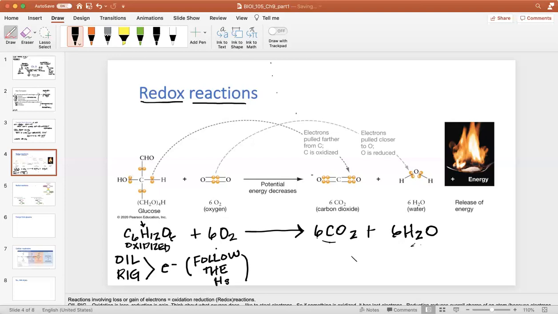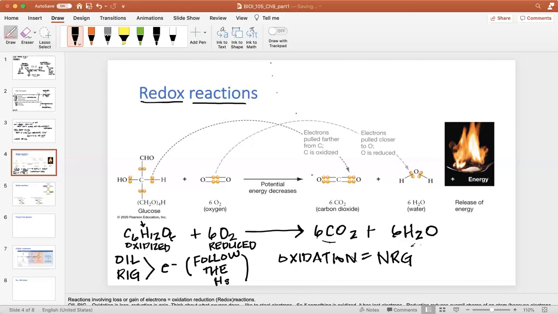Let's look at the oxygen. Oxygen gains some H's, doesn't it? So the oxygen is being reduced. Now, why is it important for us to understand oxidation reduction reactions? Well, the big deal is that oxidation reactions give off energy, okay?